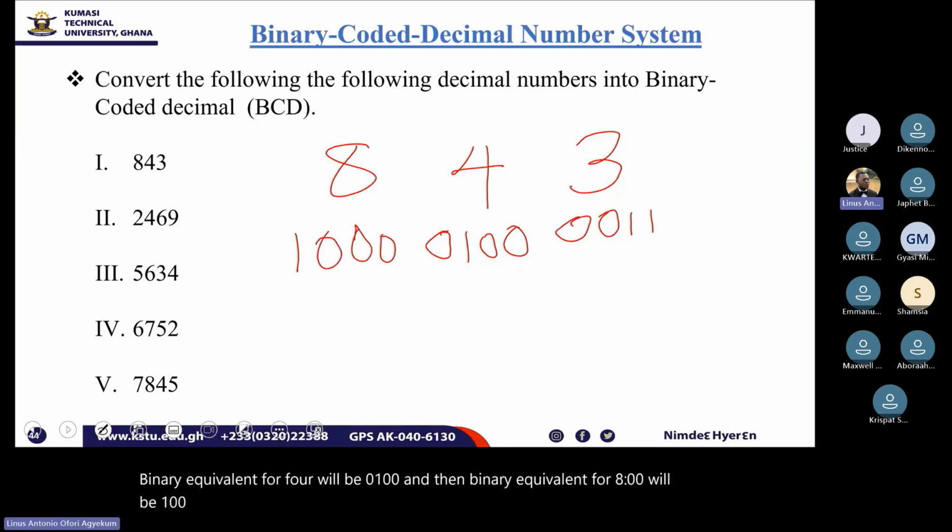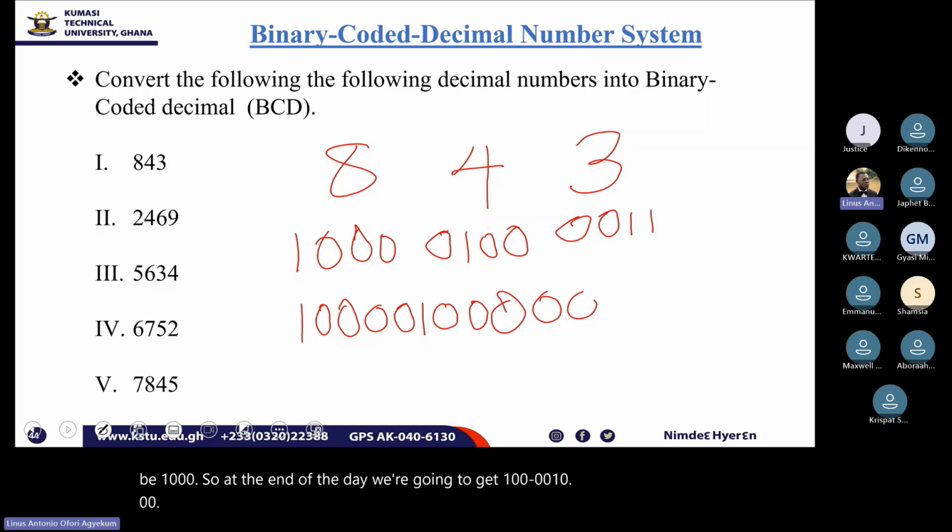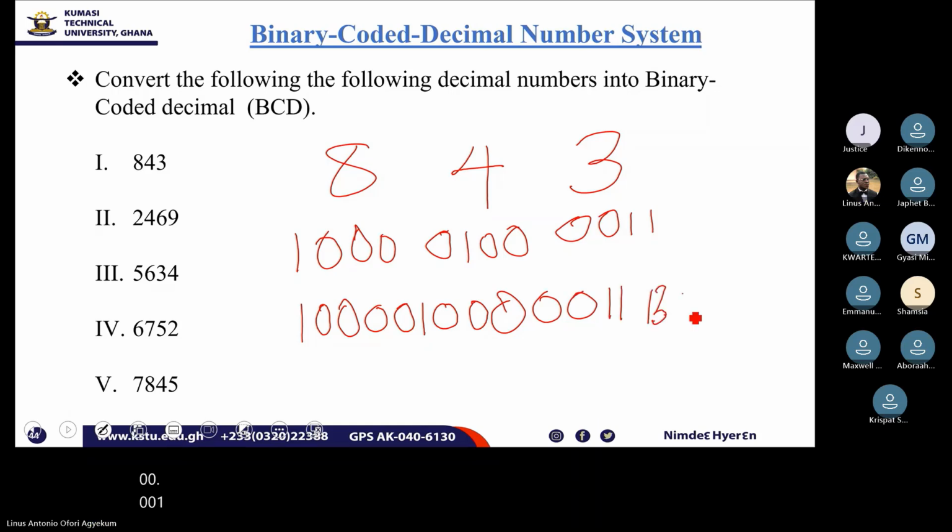So at the end of the day, we're going to get 1, 0, 0, 0, 0, 1, 0, 0, 0, 0, 1, 1, as the BCD binary equivalent. Okay. And that will be our binary equivalent.